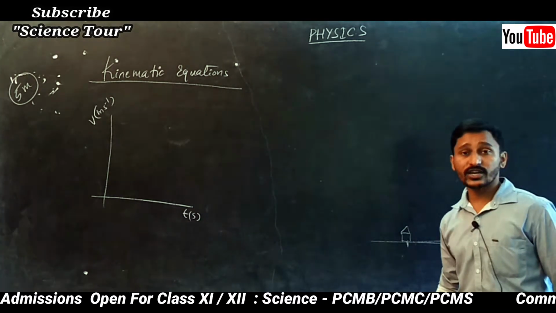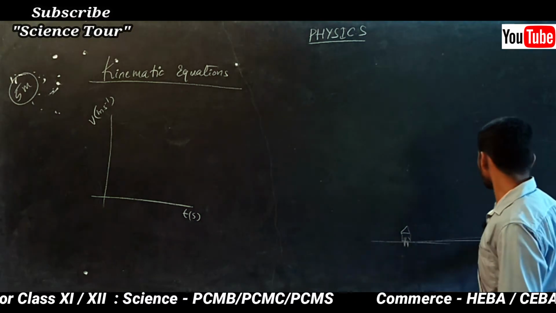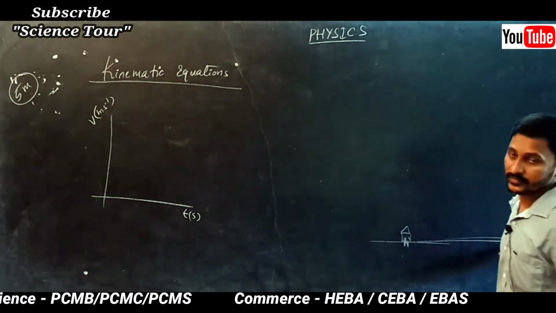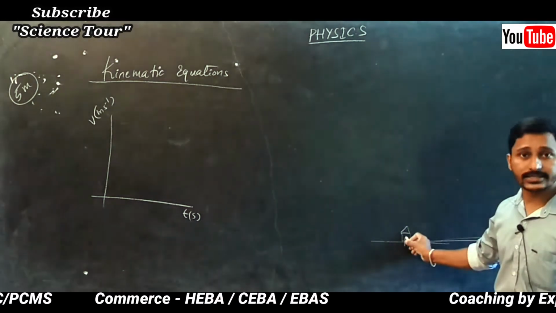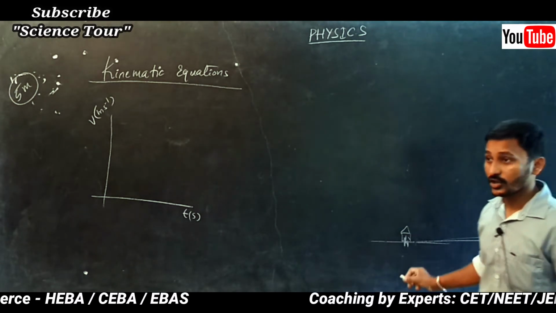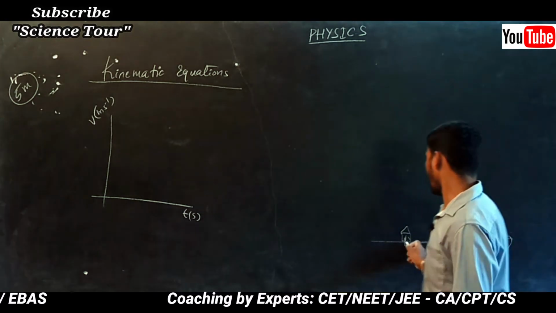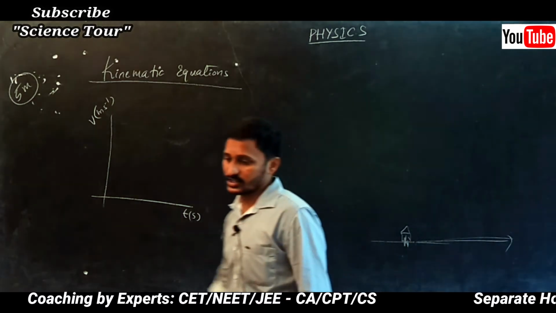We are going to consider only the way from the college to home. At that time you were not at rest, you were not having zero velocity, you were having some velocity at this point, meaning an initial velocity was already there.